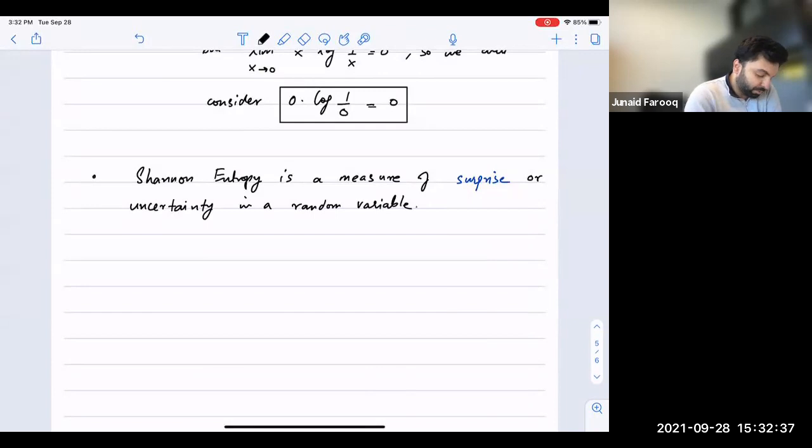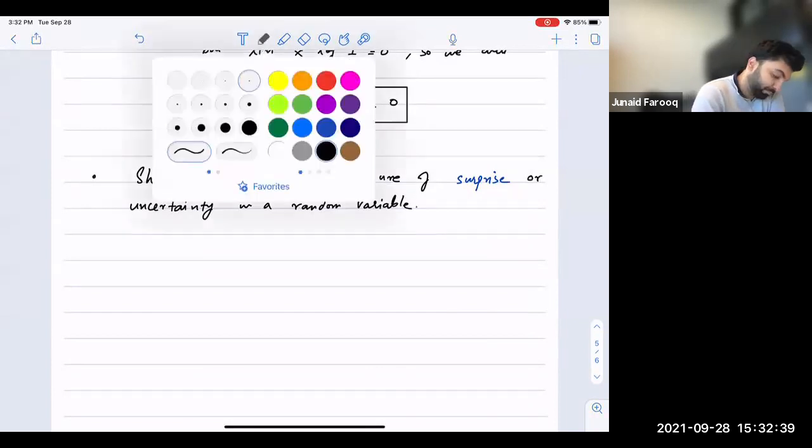It is also referred to as the information content.